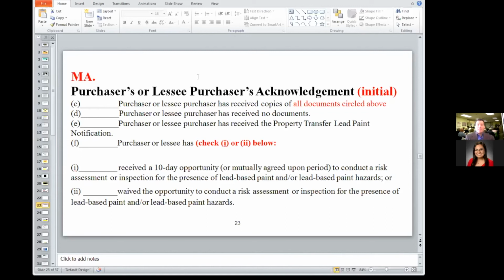Okay, go ahead. So if we're a realtor and don't have a buyer contract signed yet, how do we complete the agency disclosure?